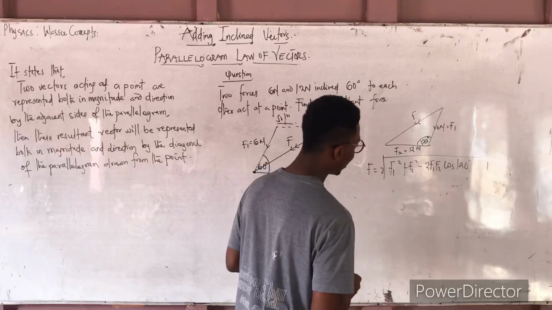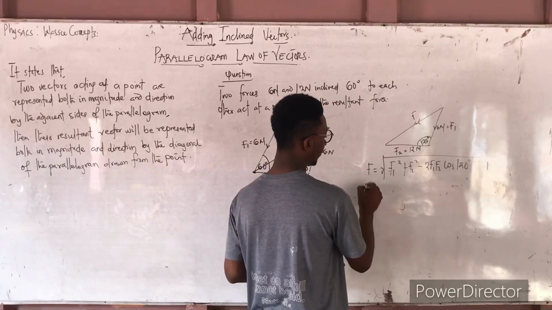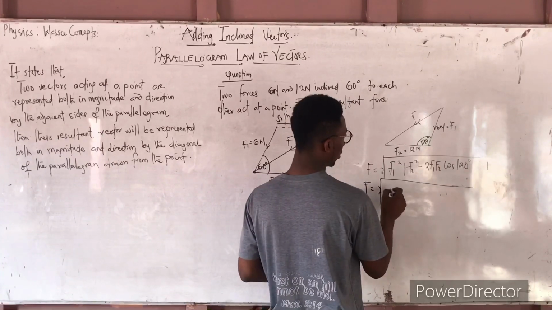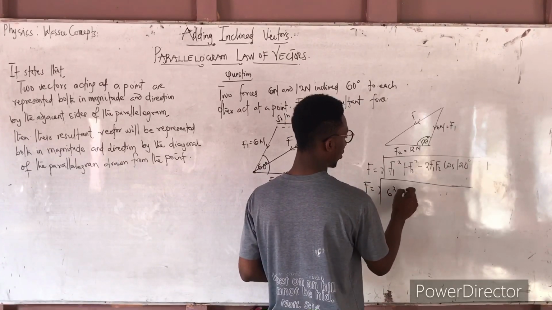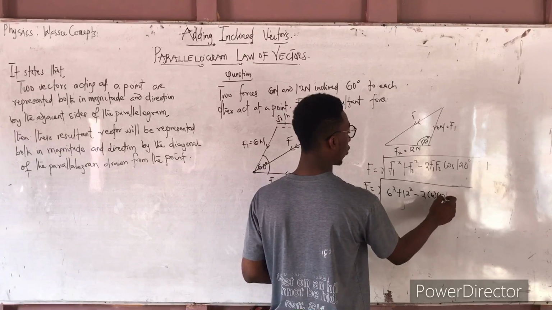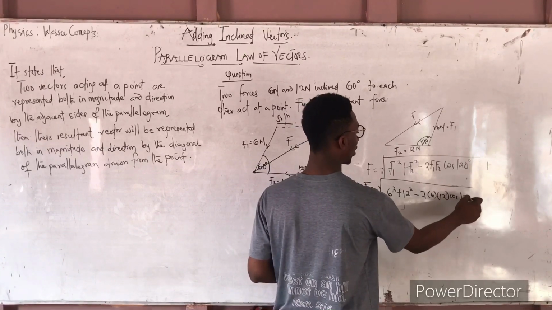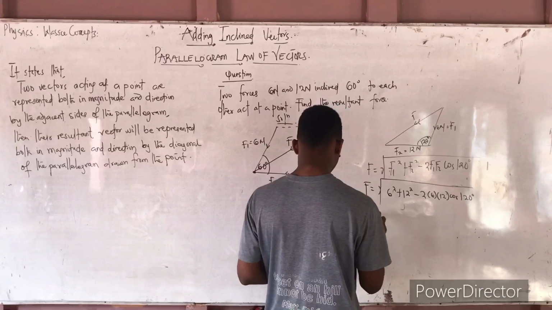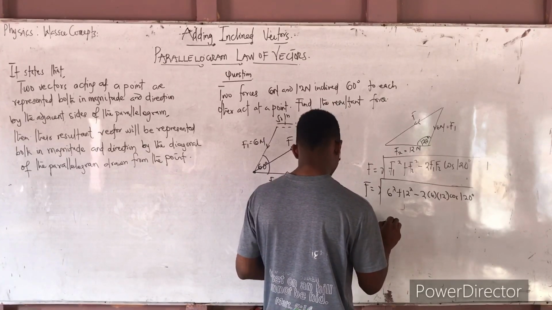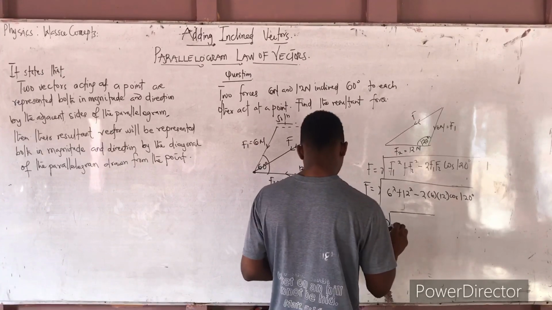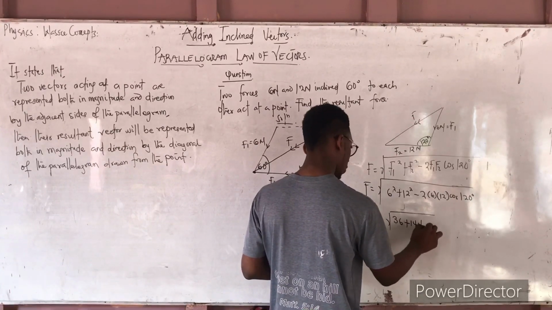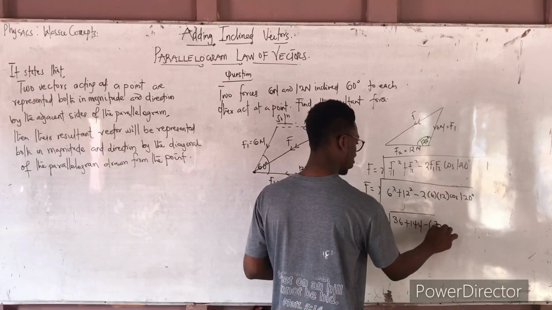So therefore, we get our F to be equal to the square root of 6 squared plus 12 squared minus 2 times 6 times 12 cos of 120 degrees. Now, if you use the calculator to find this, you'll get F is equal to root of 36 plus 144 minus negative 72.